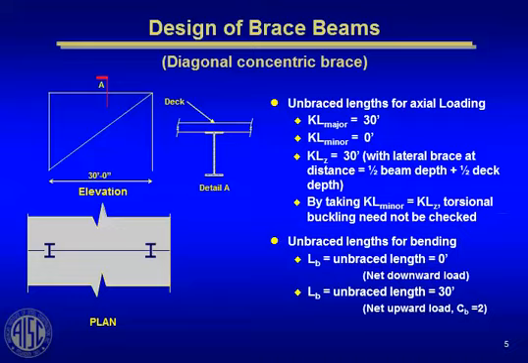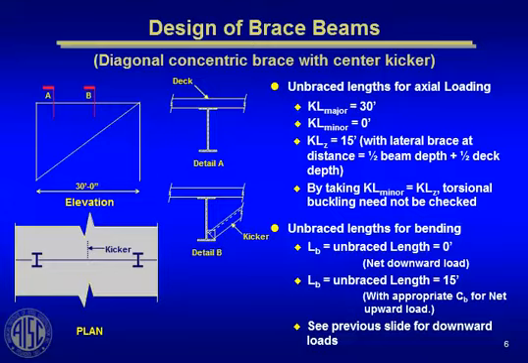And the same is true if you say, okay, I want to put a kicker there at mid-span, assuming you don't have an elevator shaft or something in the way, and you can make KLZ 15 feet because you can say that kicker braces that brace beam against torsional buckling. But then again, KL minor is still 0.